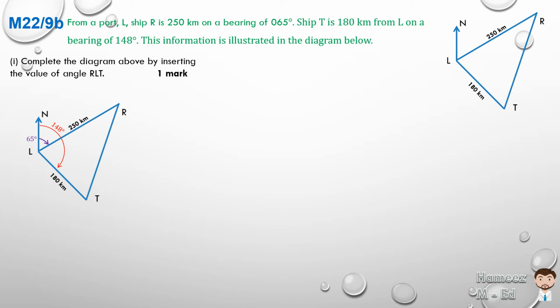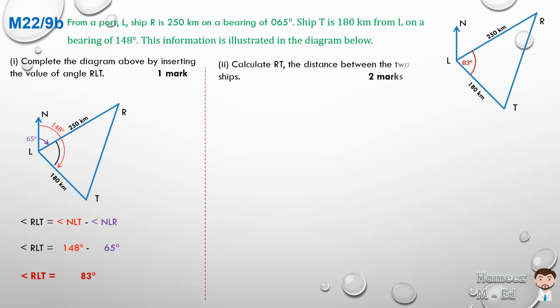As such, if we want to find angle RLT, let's represent that by a black arc. So angle RLT, which is in black, will be the angle in red, angle NLT, the whole angle, minus the angle in purple, angle NLR. So if we substitute, that will give us 148 degrees minus 65 degrees, which works out to be 83 degrees. So let's bring that up in the diagram.